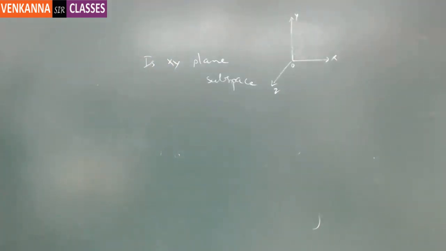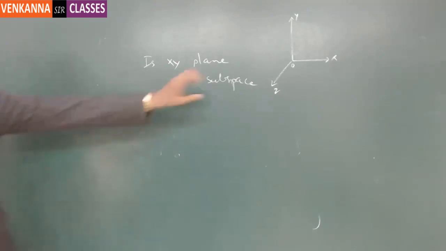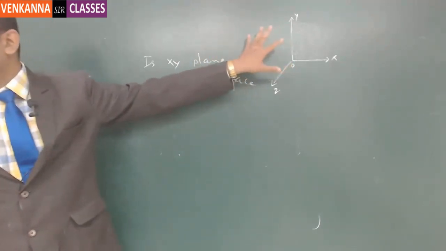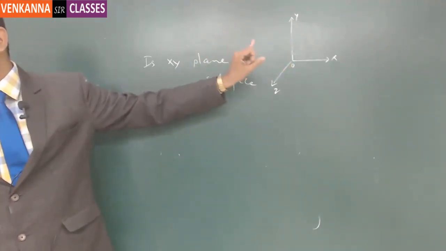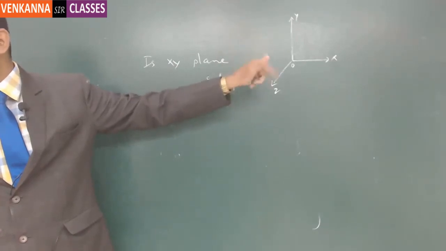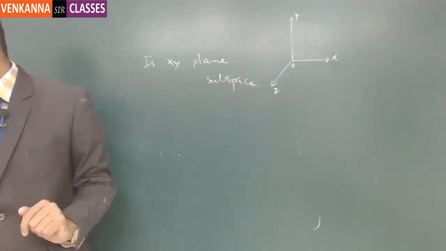So if you want to say that it is a subspace, you should verify the condition A alpha plus B beta, or the two conditions, whatever it is. Now, what is the pattern of the xy plane? It contains x coordinate, y coordinate, and z coordinate is 0. Accepted?